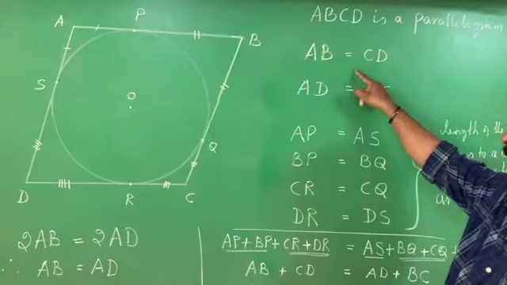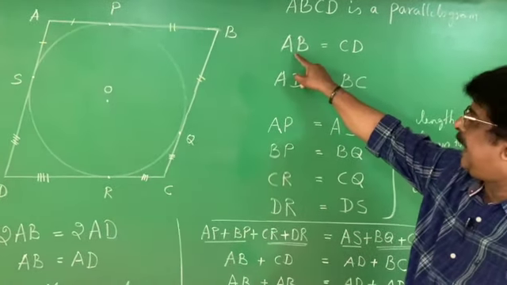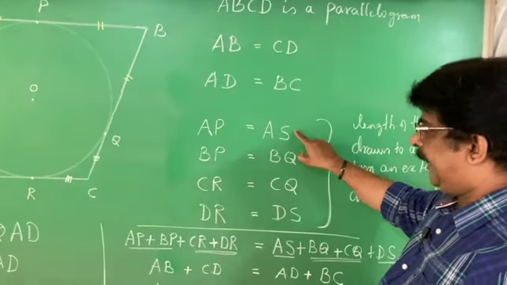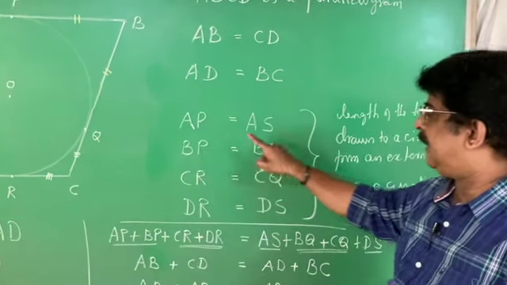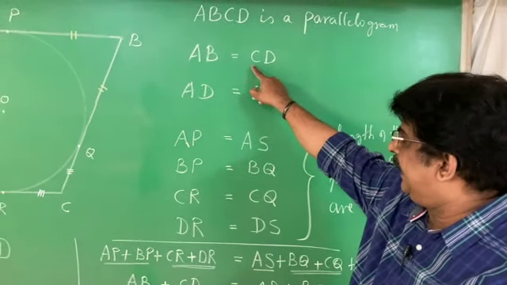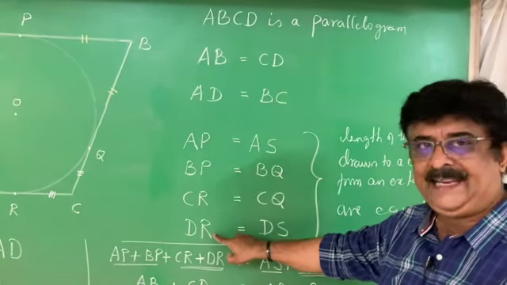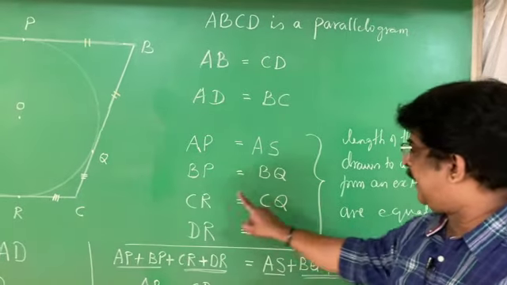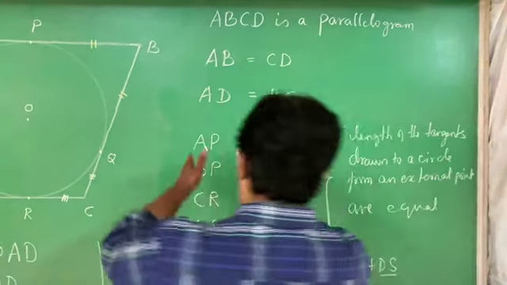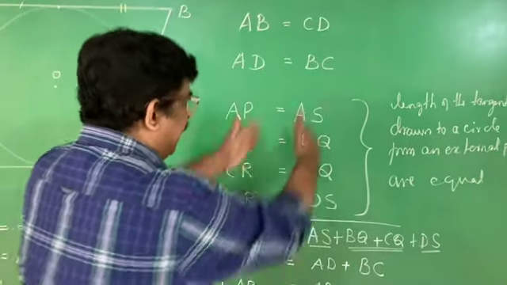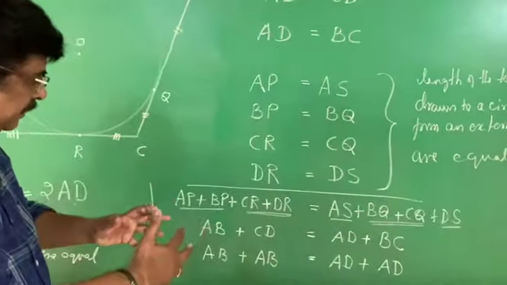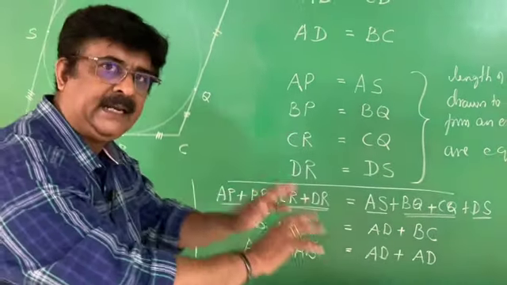Selecting one equation, I split AB as AP and BP. AP is nothing but AS, BP is nothing but BQ. And CD is split into CR and DR. CR is equal to CQ, DR is equal to DS. Then I add the left hand side and right hand side, group them and recollect them.